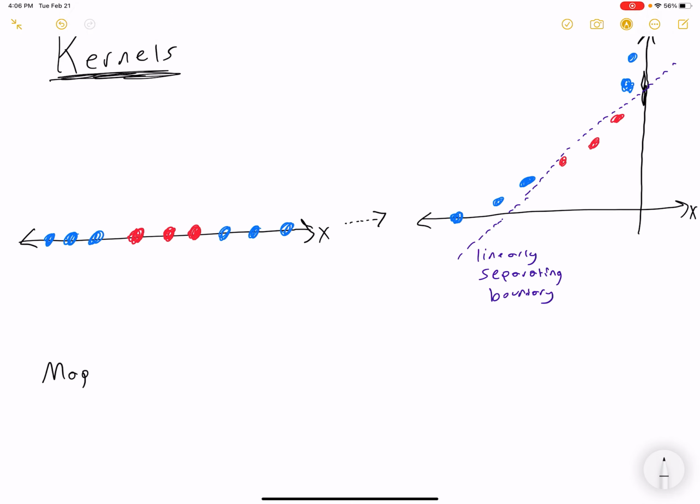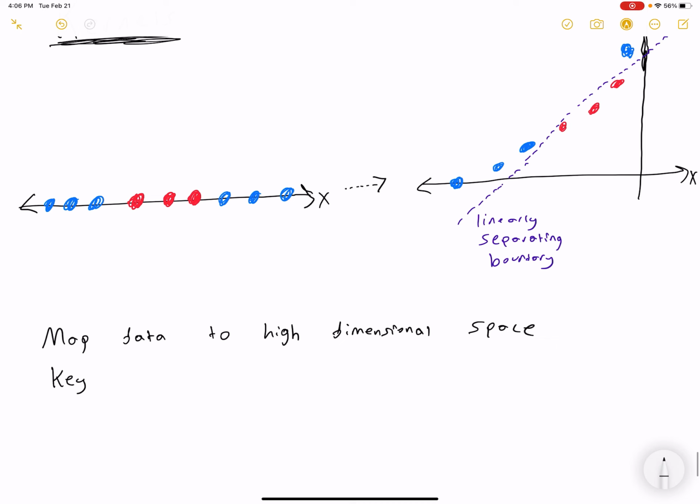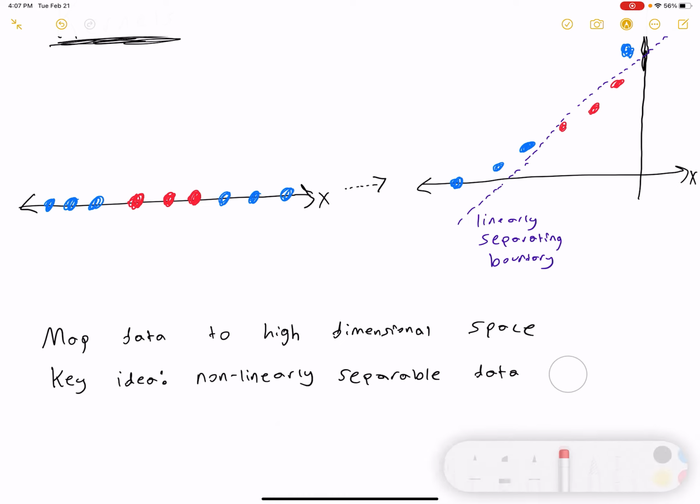So map data to high dimensional space. And just what I said before, the key idea is that non-linearly separable data can be separable in high dimensions.